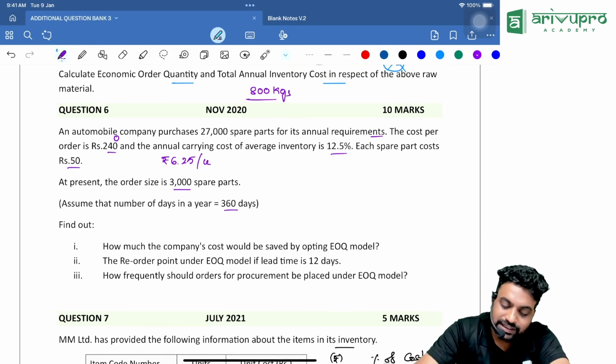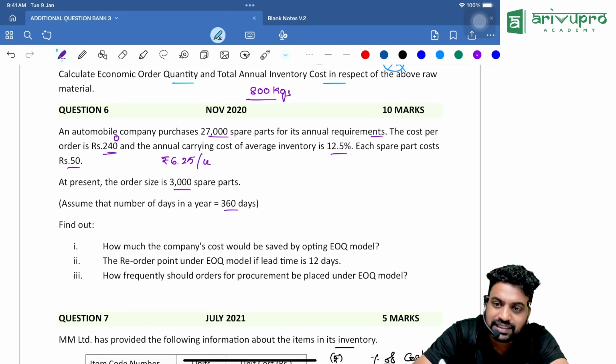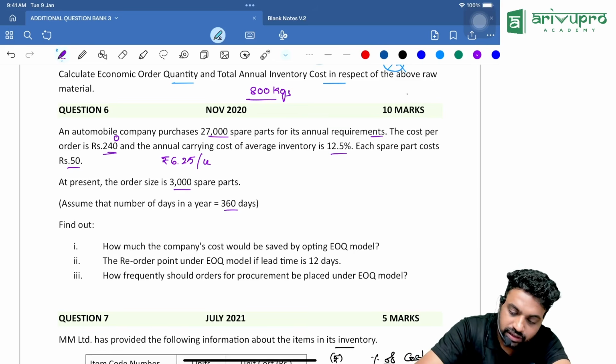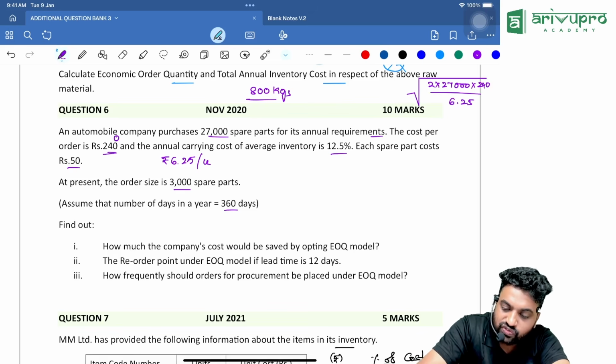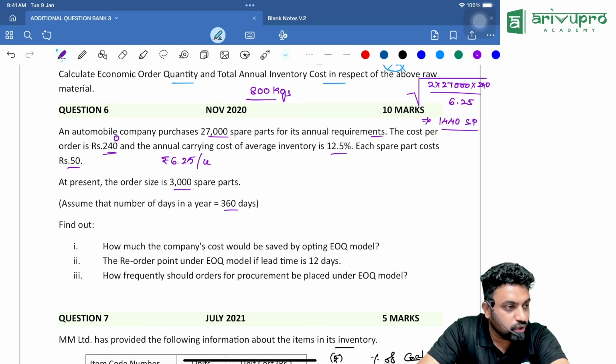EOQ will be square root of 2 into 27,000 into 240 whole divided by 6.25. Square root of 2 into annual purchases 27,000 into ordering cost 240, carrying cost 6.25. 1,440 spare parts. Correct? That will be your EOQ.